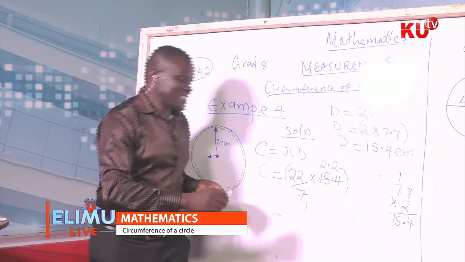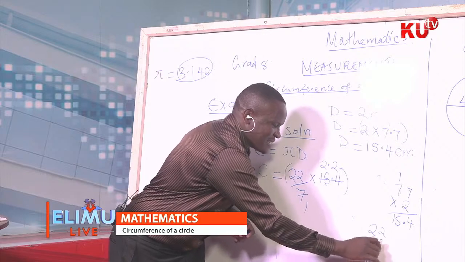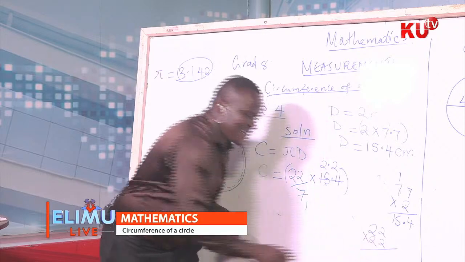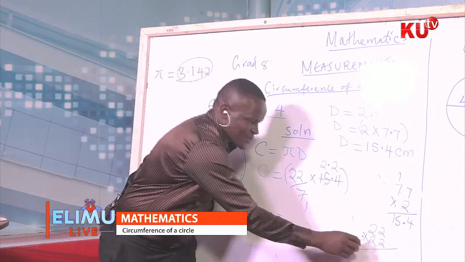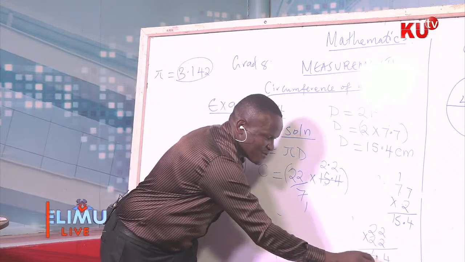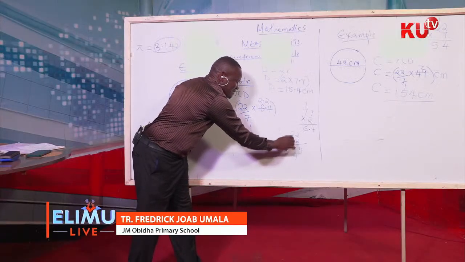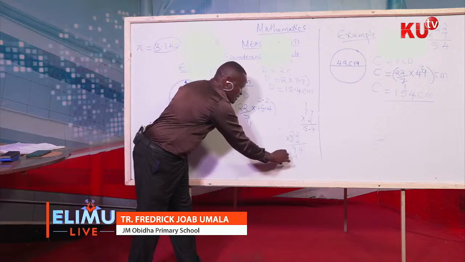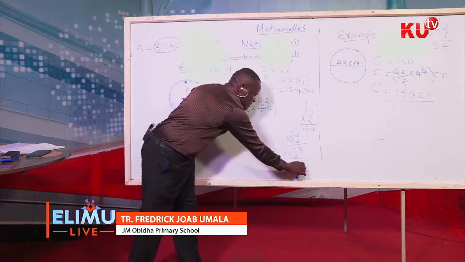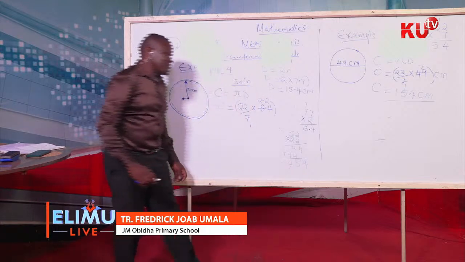We assume the decimal, and multiply 22 by 22. 2 times 2, 4. 2 times 2, 4. 2 times 2 on this side is 4. So when we add all those, we shall have 4, 8, 4.